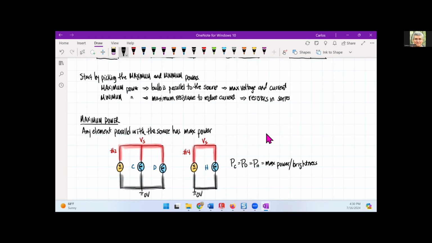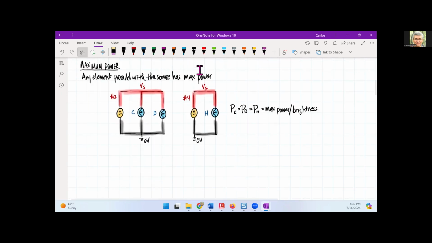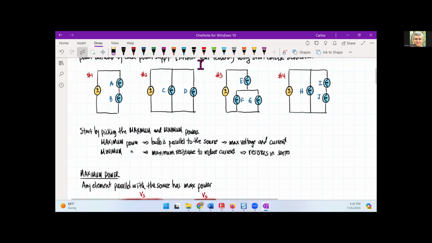Now let's go look at the minimum power. The minimum power is that if you come over here and you ask which one has the largest resistance.